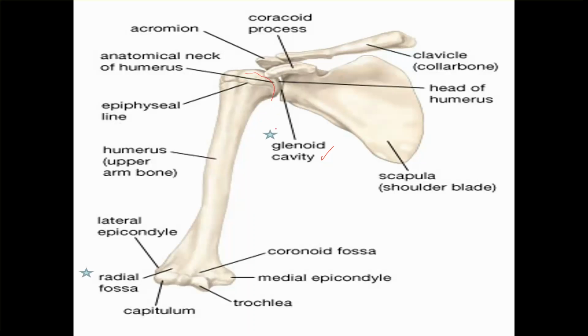The glenoid cavity of the scapula articulates with the head of the humerus to form the shoulder joint. Then the acromion process, remember this one? The acromion process of the scapula will articulate with the acromial end of the clavicle to form the acromioclavicular joint. So these are the two joints which are formed by the scapula.